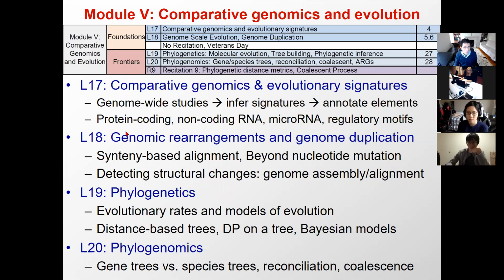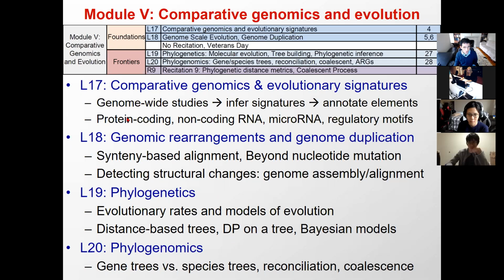And next time, we're going to be talking about genome rearrangements and genome duplication, about how to construct global alignments based on synteny, and how to detect structural changes. And then we're going to have 2 lectures on phylogenetics and phylogenomics, namely, how do we use phylogeny to understand evolutionary rates, models of evolution, distance-based trees, and also we're going to go back to dynamic programming on a tree and Bayesian models of evolution.